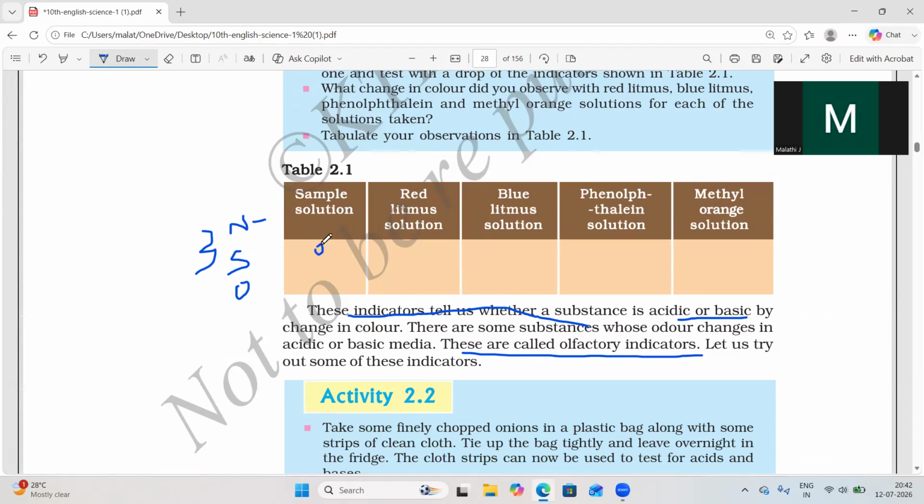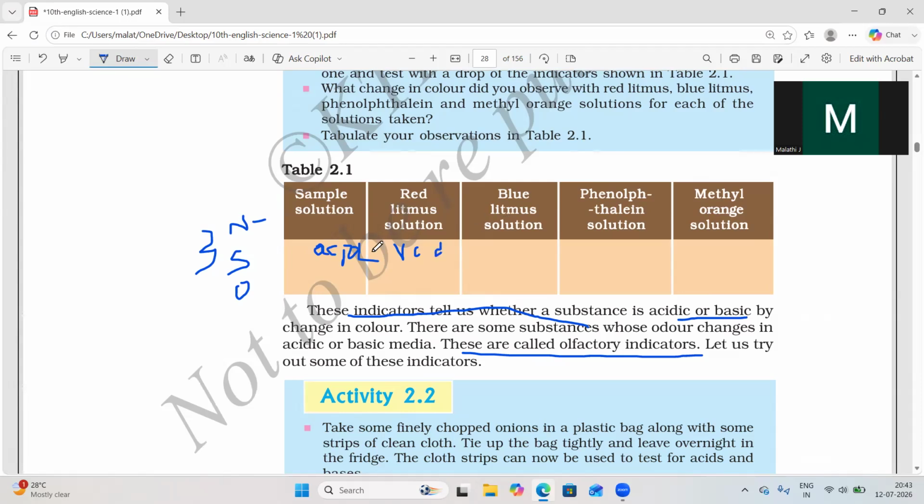When we take an acid here, what will happen if you take red litmus? Red litmus will remain the same. It will be red in color. It will not change its color.